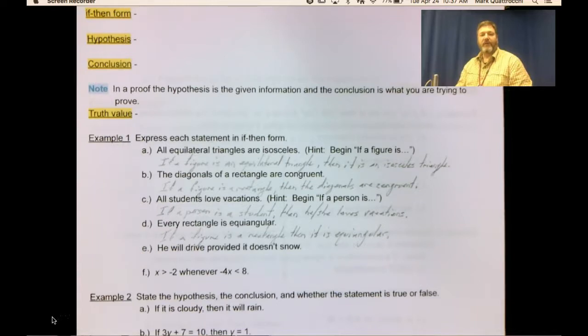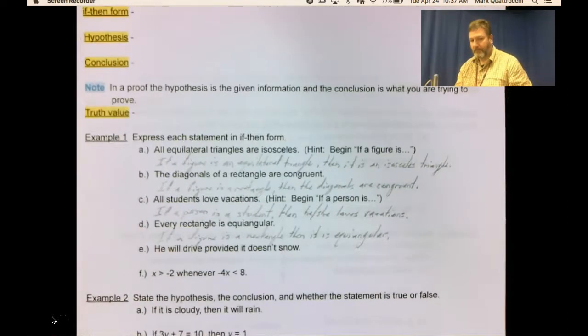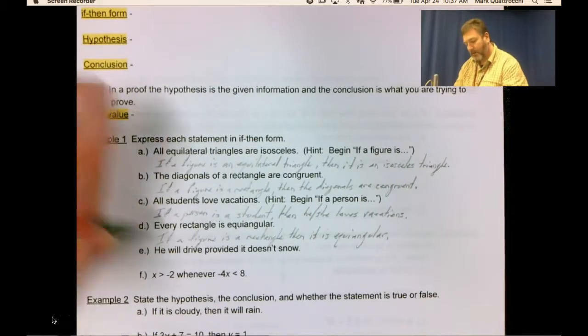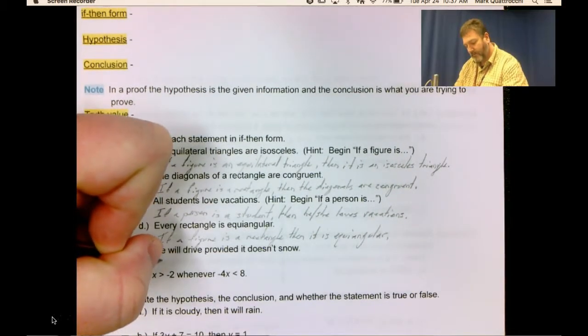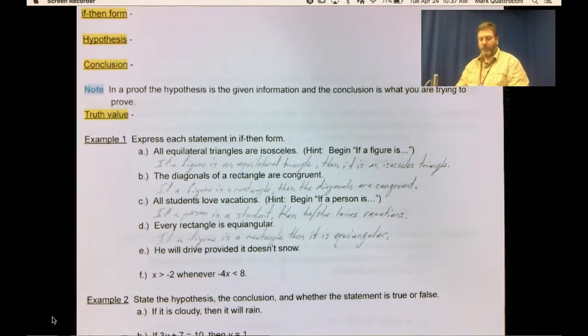He will drive provided it doesn't snow. So, what's the conclusion in this statement? "Provided it doesn't snow" means the same as "if it doesn't snow."